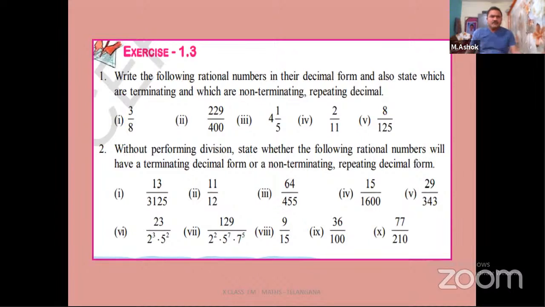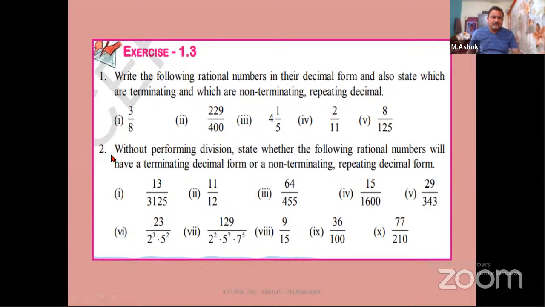So you have a few sums in exercise 1.3, and you have to solve all these sums. Look at the first question: write the following rational numbers in their decimal form and also state which are terminating and which are non-terminating repeated decimals. Just now we have solved this type of problem.